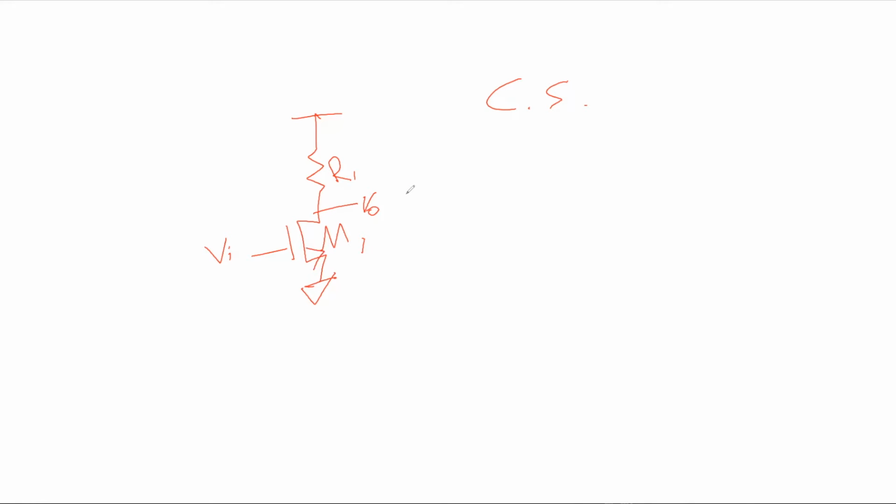And so what is the gain of something like this? Well, if you ask for the gain, then that's going to be in terms of a small signal gain. We look at these nonlinear devices as linearized small signal devices.